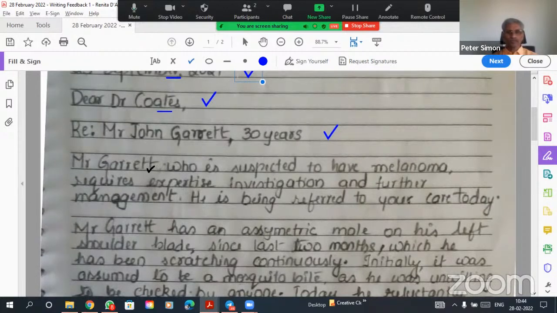Mr. Garrett, who is suspected to have melanoma, requires expertise investigation.